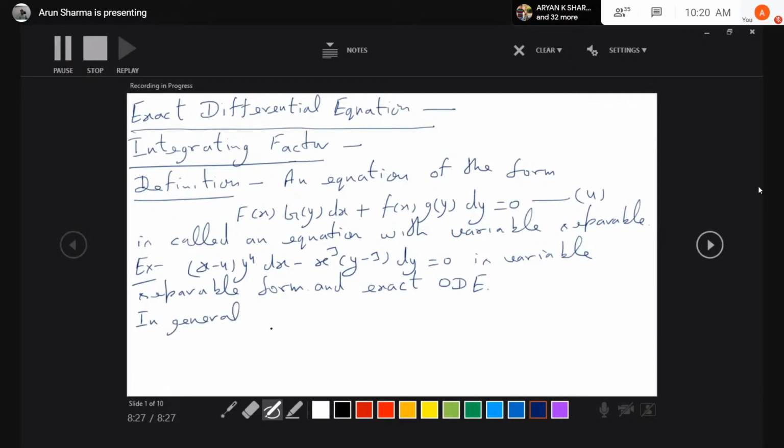In general, the variable separable equation 4 is not exact. But if we multiply by an integrating factor, the variables will separate.